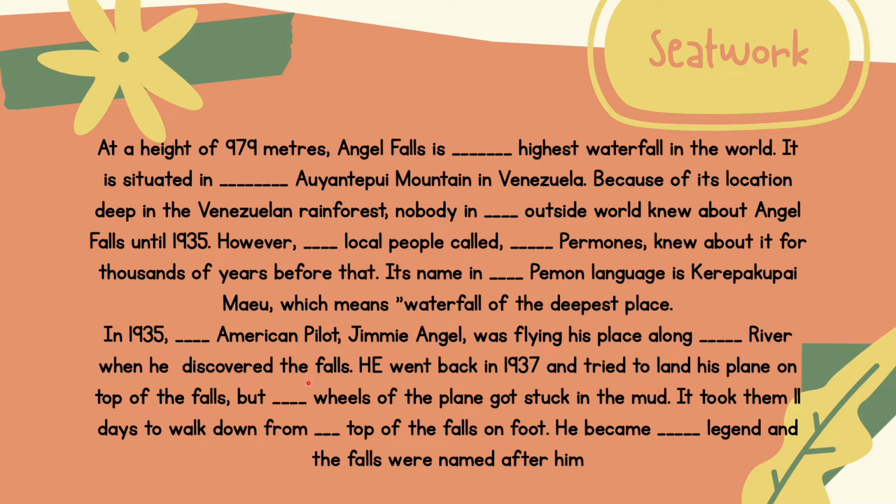When he discovered the falls, he went back in 1937 and tried to land his plane on top of the falls. But blank space wheels of the plane got stuck in the mud. It took them 11 days to walk down from blank space top of the falls on foot, and then he became blank space legend, and the falls were named after him.